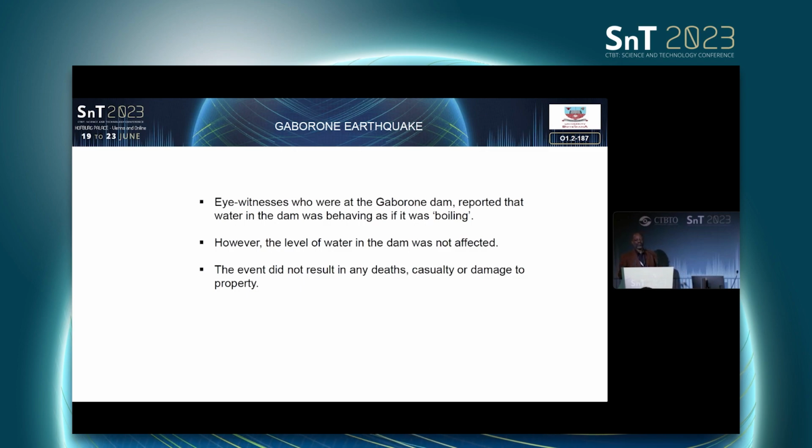However, the level of the water in the dam didn't go down. It was not affected really. So this event did not result in any deaths. There were no casualties. There were no damages to property. But those who were resting after church indicated that their beds were shaking and they were wondering what is happening.